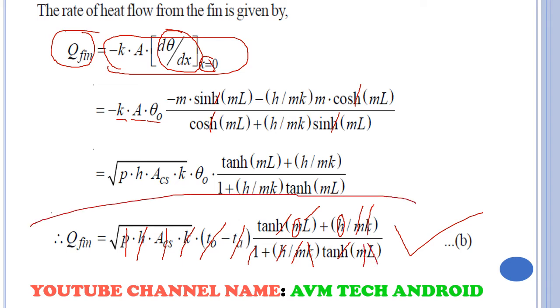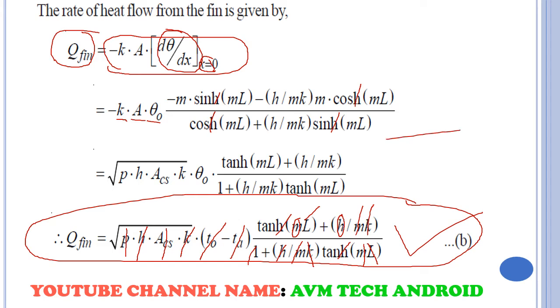So this equation B tells about the Q value, how heat is transferred from a fin of finite length where heat dissipation takes place from the tip of the fin.